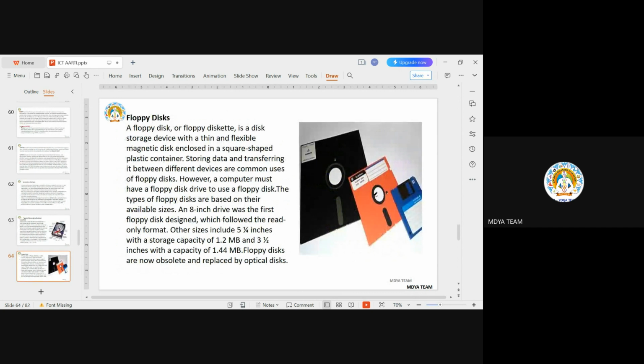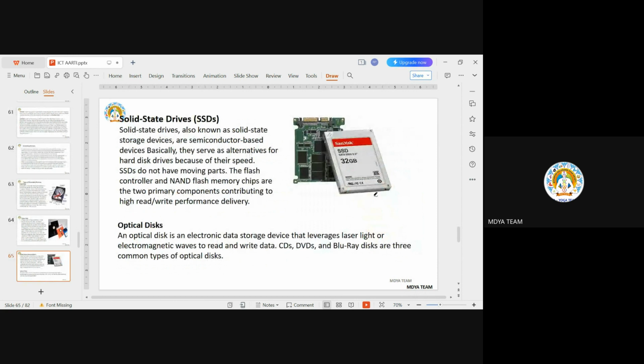Next one is the floppy disk. First, we will discuss solid state drives versus the hard disk drive, because nowadays SSDs are coming in laptops, because the storage capacity is much more than the hard disk.